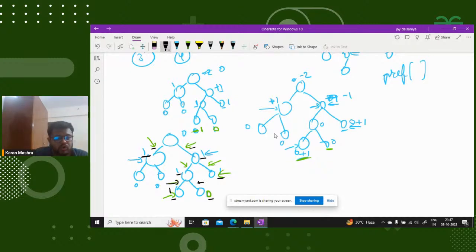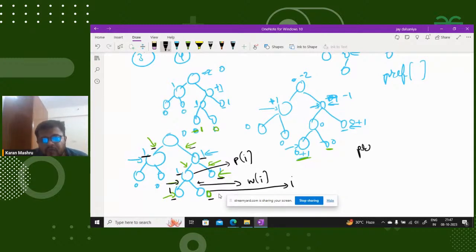Now understand one thing. How was this age represented? Using W of I, which was nothing but the path between the ith node and the parent of the ith node, right? So prefix of I tells me how many times W of I will be counted. Other people, is it clear?